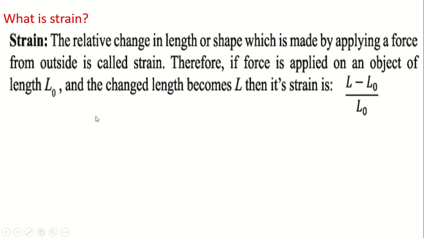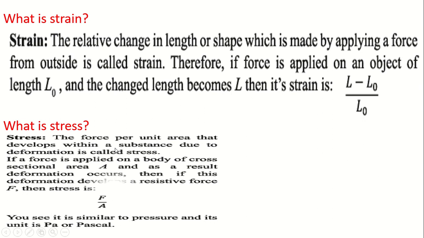Now let's understand what stress is. You have to understand stress very carefully and try to make your concept clear. The force per unit area that develops within a substance due to deformation is called stress.